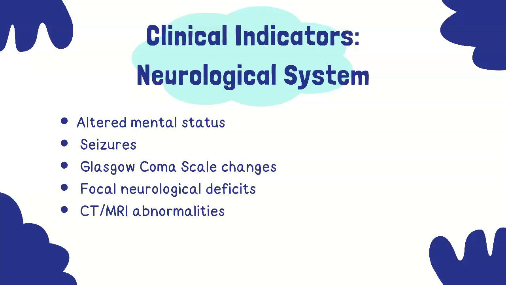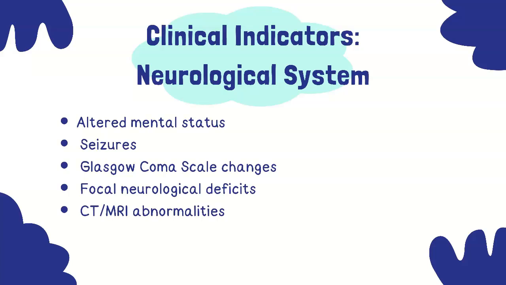Changes in the Glasgow Coma Scale. So, in the signs and symptoms chapter, you know how we have those codes for the Glasgow Coma Scale? Those measurements reflect the different levels of consciousness and responsiveness.